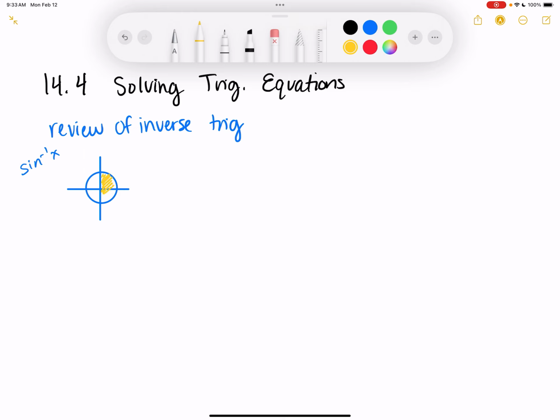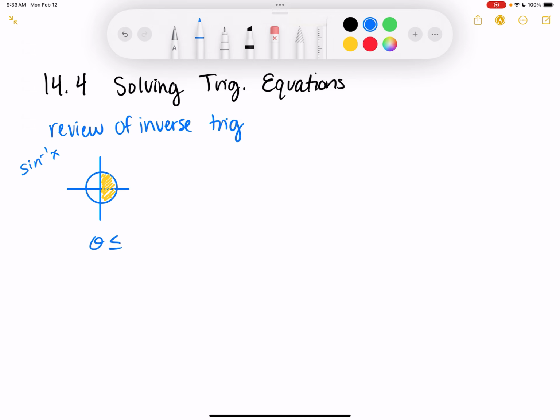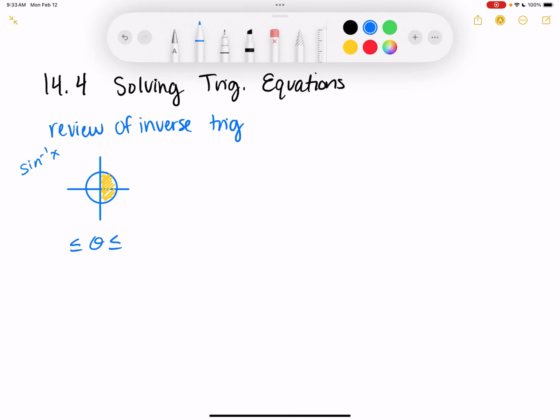And what values does that take on? Theta's from what to what?